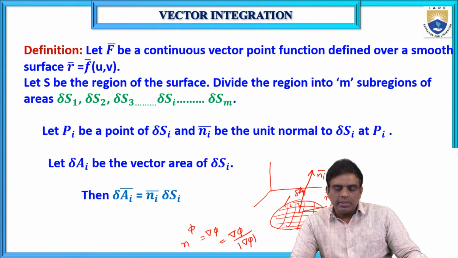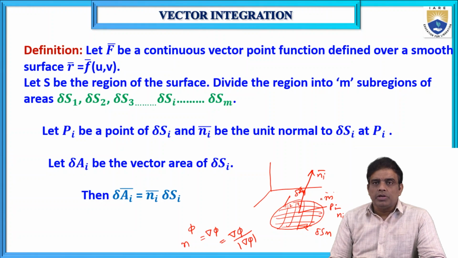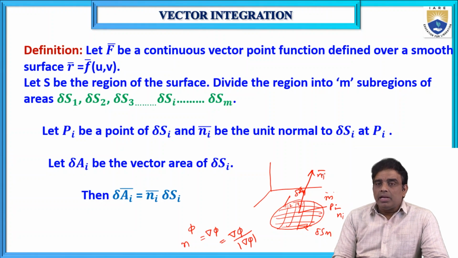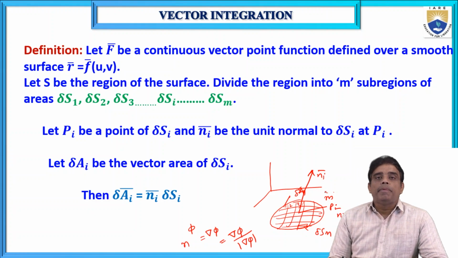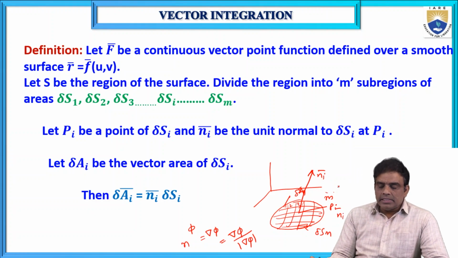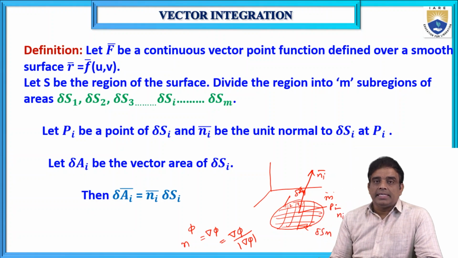Also I am assuming that Pi is any point in the ith subregion, delta Si is the corresponding subregion, and Ni bar is the unit outward normal vector to delta Si at the point Pi. Let us assume that delta Ai bar is the vector area of delta Si.